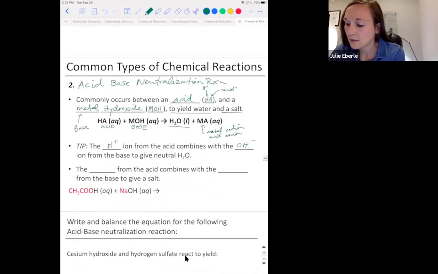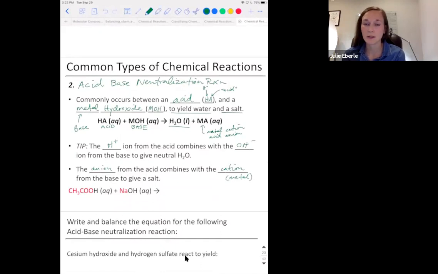All right, now the anion from the acid combines with the cation, the metal is the cation part, from the base to get a salt. All right, that's what's happening. That's how you're forming your two products.